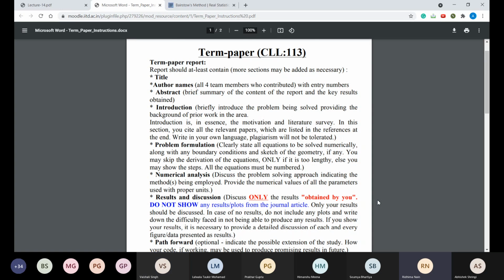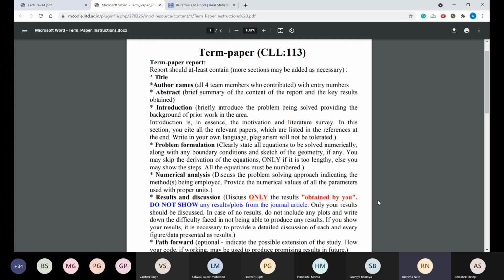Okay, we'll let you know. You'll need it only when you have to submit the term paper, so there's time, and we'll tell you how to use Turnitin.